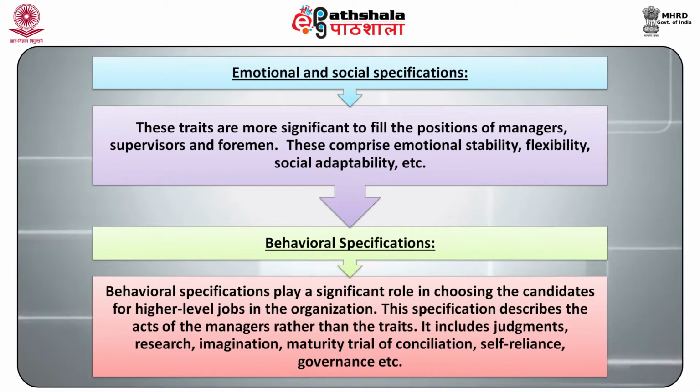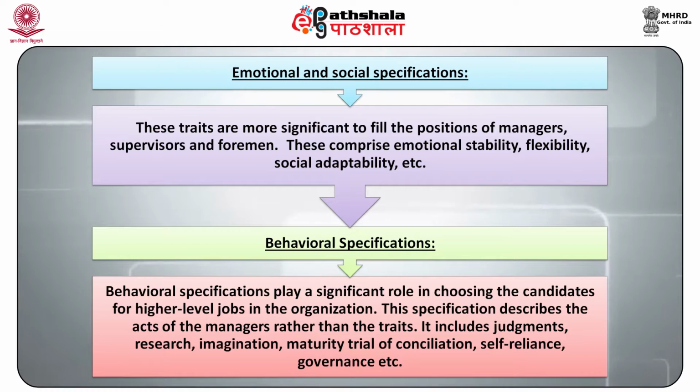The third is emotional and social specifications. These traits are more significant to fill the positions of the managers, supervisors and foremen. These comprise emotional stability, flexibility, social adaptability, etc. The next content is behavioral specification.